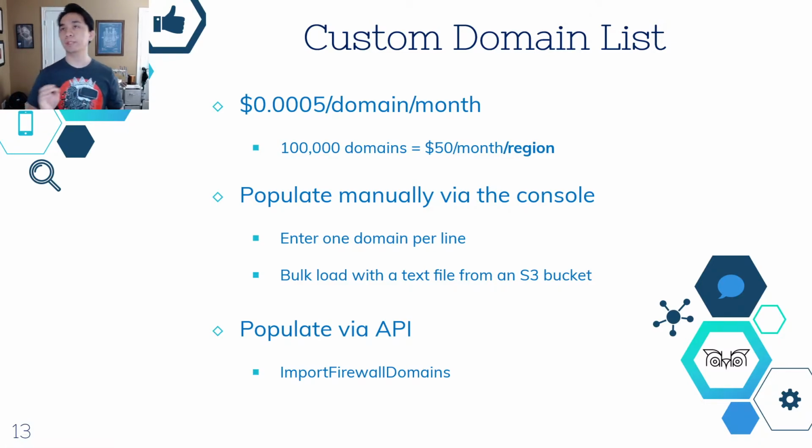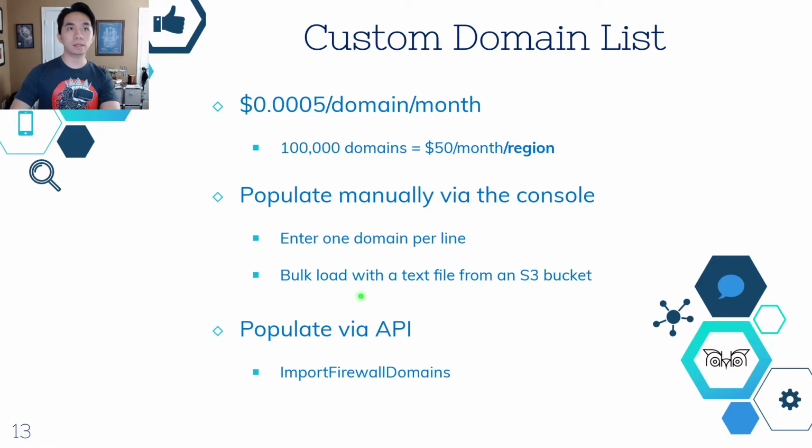It will cost you 0.0005 per domain per month, but then DNS Firewall is a regional service, so you would have to do it for every single region that you're using, right? So let's say you have 100,000 domains, that's $50 per month per region. And as I said earlier, you have two options. You can either populate the domain list via the console by typing it per line or pointing to a text file, or you can do it through the API call ImportFirewallDomains.